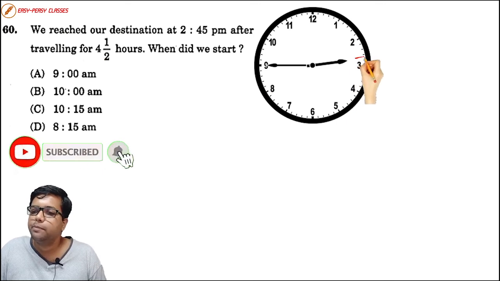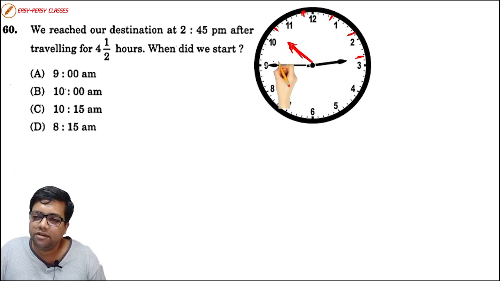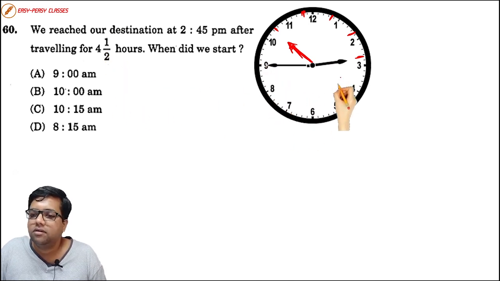So if you go from 2:45, 4 hours back, for 1 hour it becomes 1:45, second hour 12:45, 11:45, 10:45. So 10:45 becomes here, but you need to go half an hour again backwards.